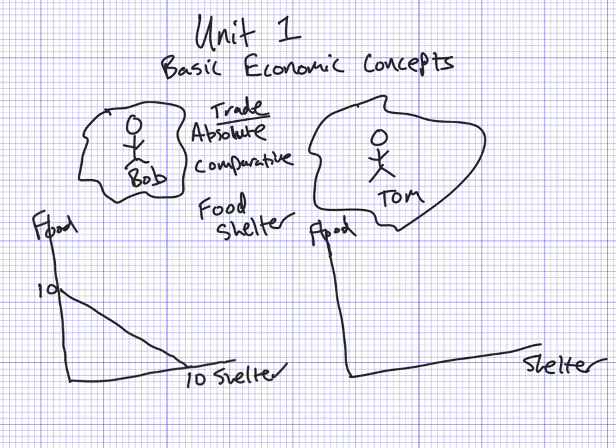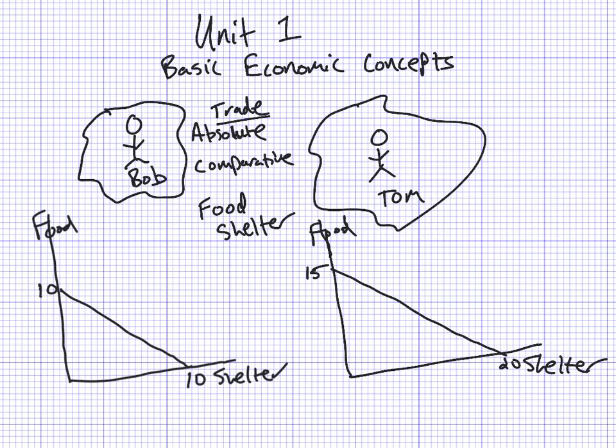For Tom, on the other hand, he's got a bit of a bigger island. He's got more resources, let's say. And for food, let's say he can produce 15 units of food. And he could produce, I should say, 20 units of shelter. And so we look at his production possibilities, and it looks something like that.